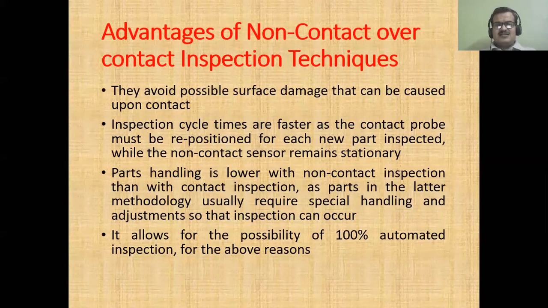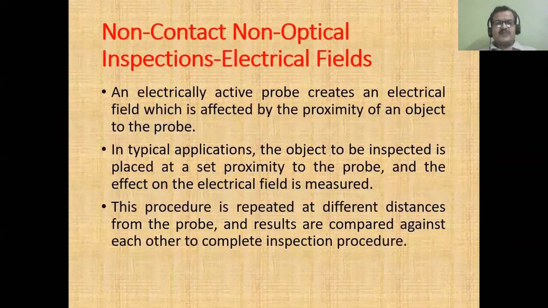Parts handling is lower with non-contact inspection, as parts in the latter methodology usually require special handling and adjustment so that inspection can occur, and it allows for the possibility of 100% automated inspection, due to the reasons discussed just now.